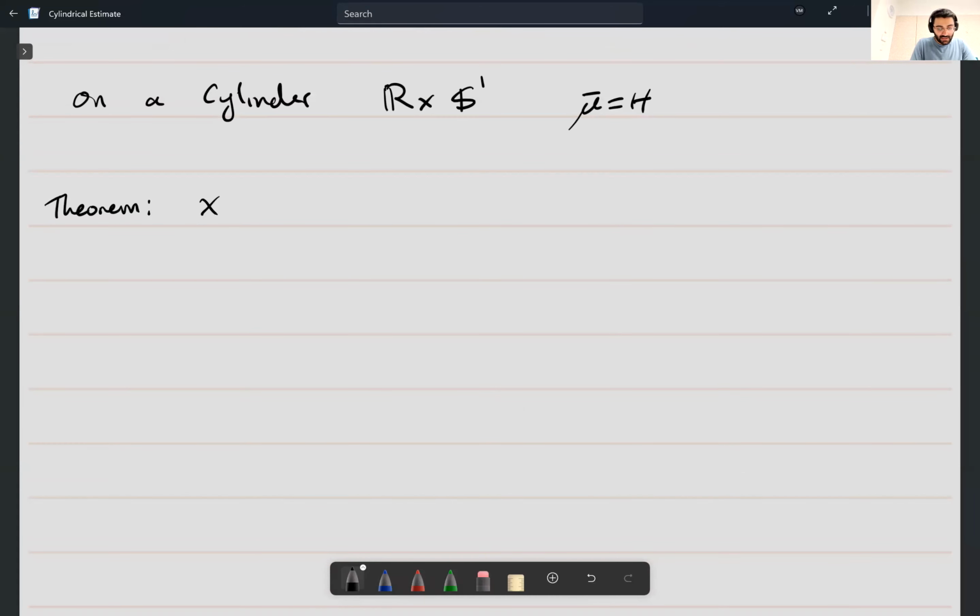All right, so let's take a solution M cross [0,T) which is a mean convex mean curvature flow in R3.